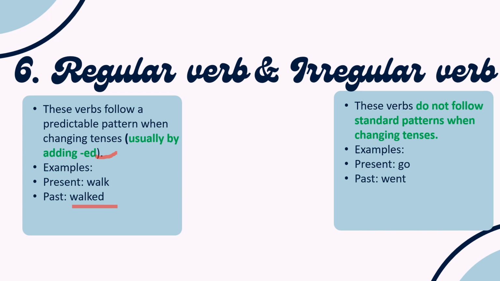Like see, you have the present tense go, and if you want to convert it into the past tense, you will not say G-O-E-D. G-O-E-D is nothing. It's a wrong one, but it has a particular word for its past form. So for go, its past form is went. So for irregular verbs, you have to learn what we have as the present tense and what we have as the past tense.